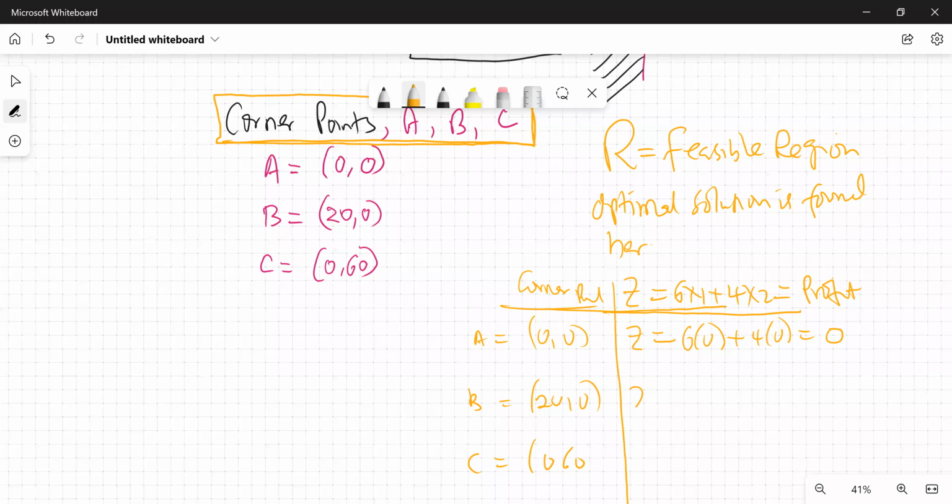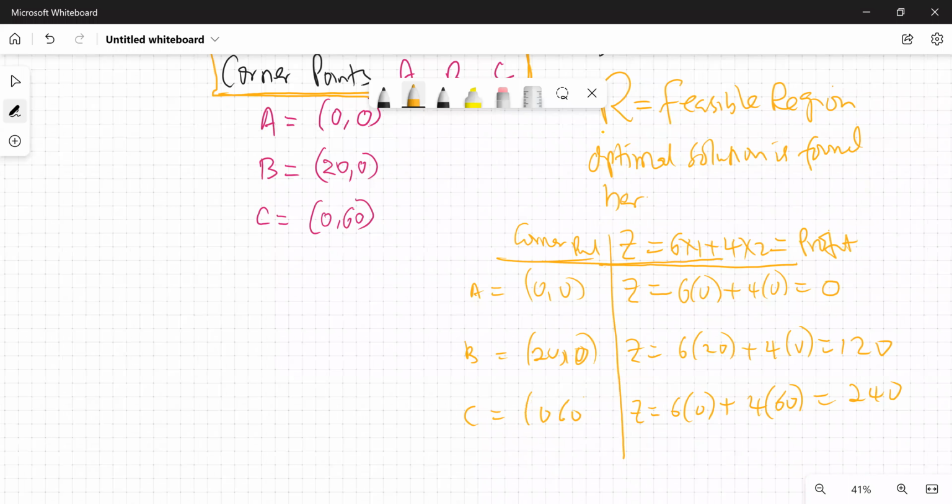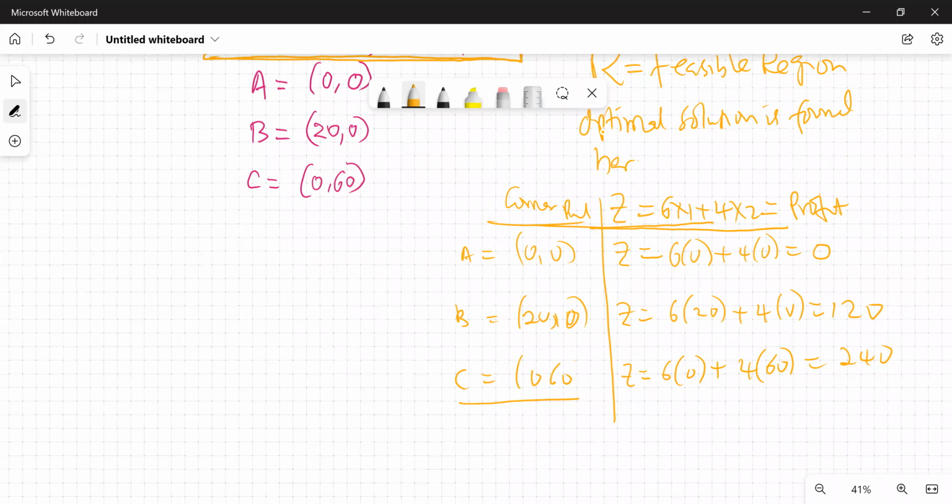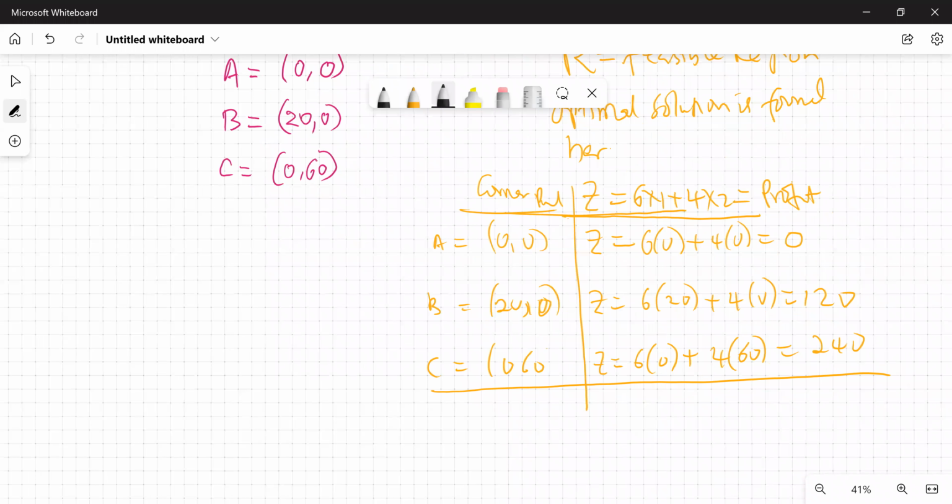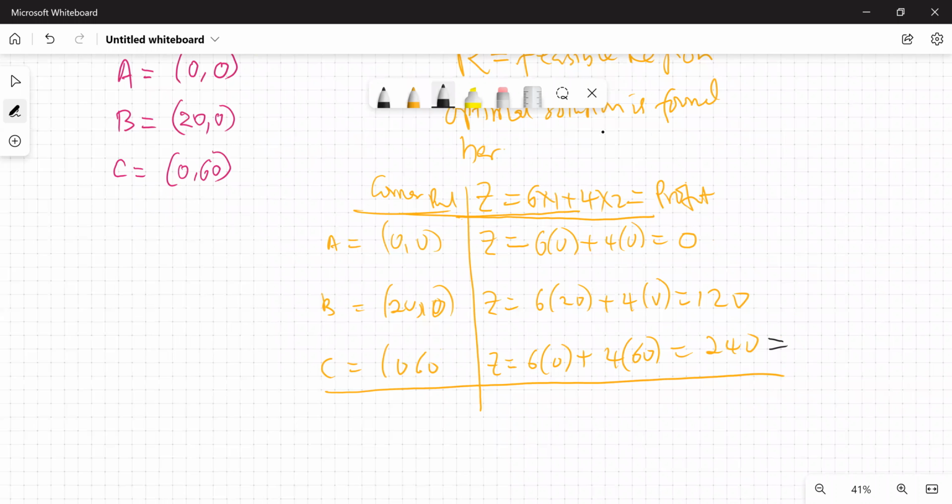The second scenario, when you substitute 20 and 0, you have 6(20) plus 4(0), so the profit in this case is 120. In the last scenario, Z is equal to 6(0) plus 4(60), which gives us 240. Those are the scenarios, and because we are trying to maximize profits, this is the scenario that maximizes profit.